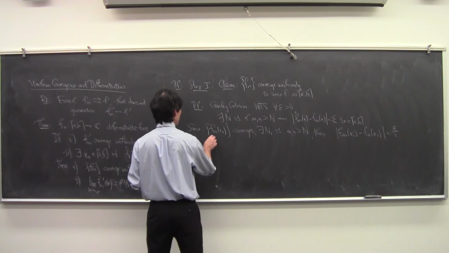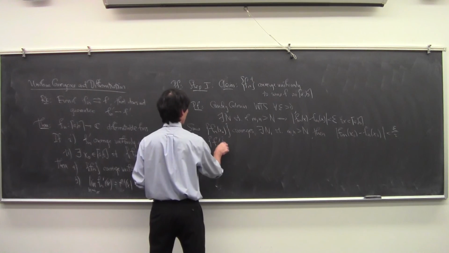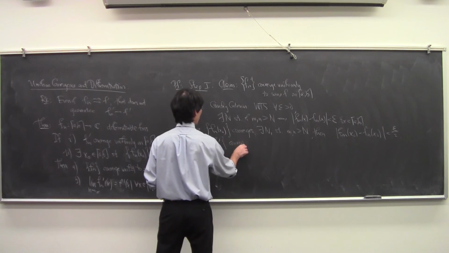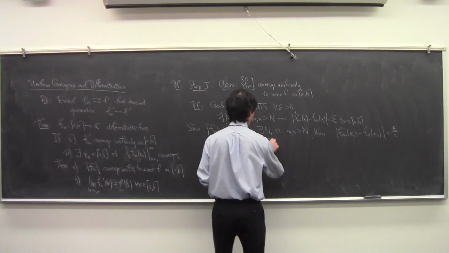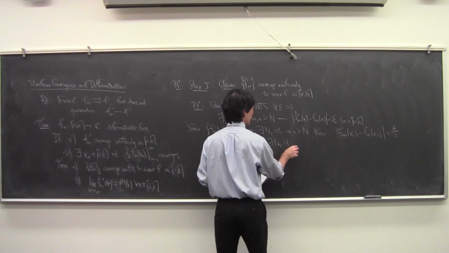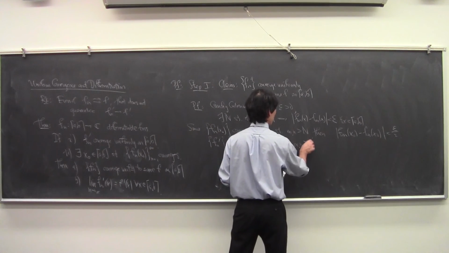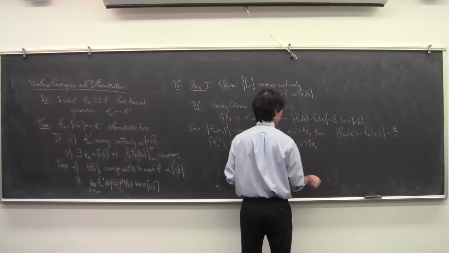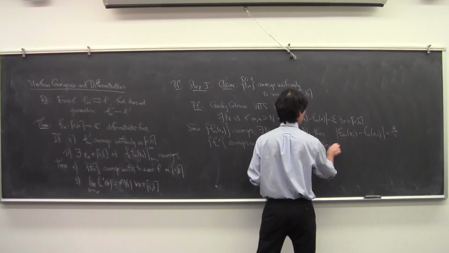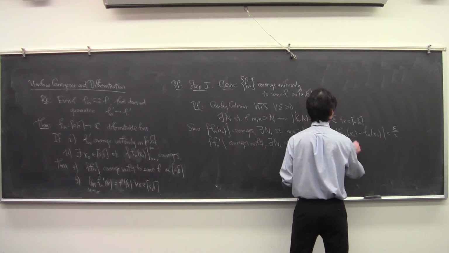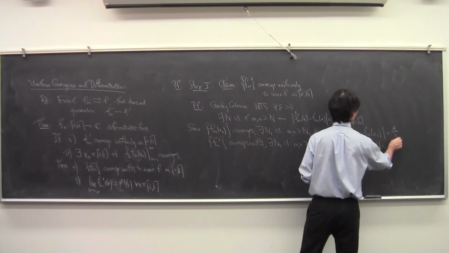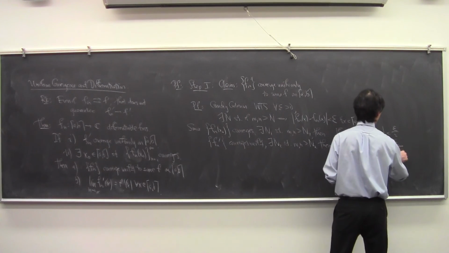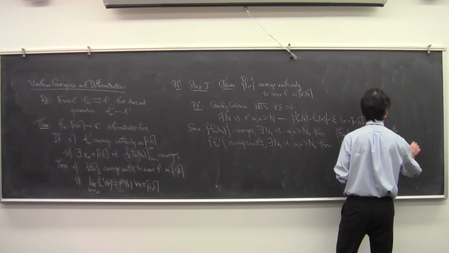So part 2: since the fn prime converge uniformly, there exists an N2 by the Cauchy criterion, such that if we're past that point, then fm prime(x) minus fn prime(x) is smaller than epsilon over 2 times (b minus a), for all x in [a,b].